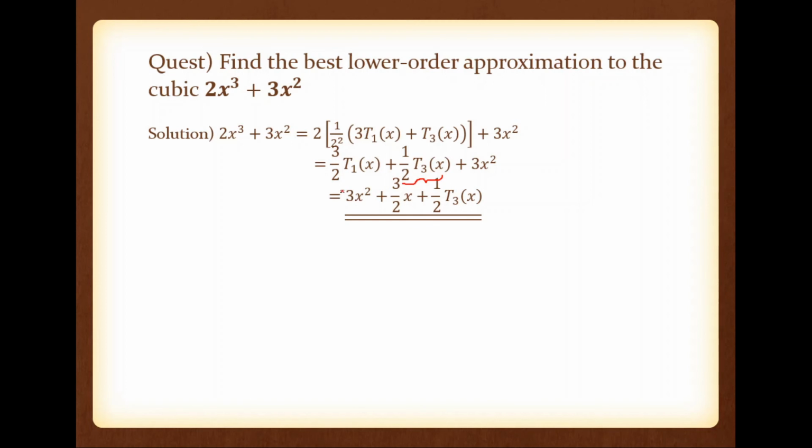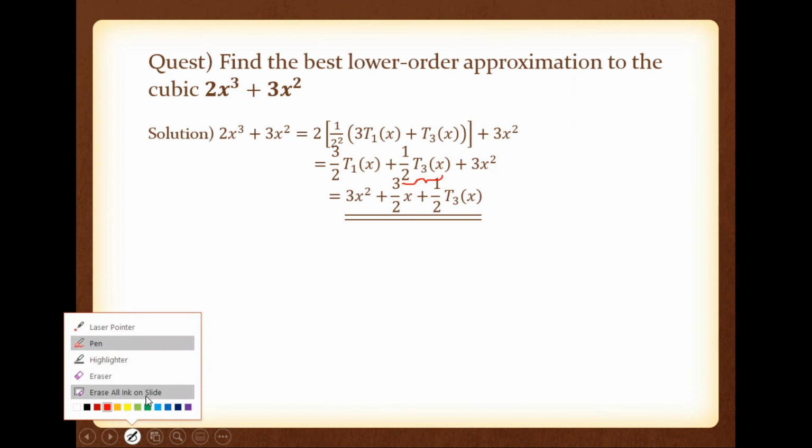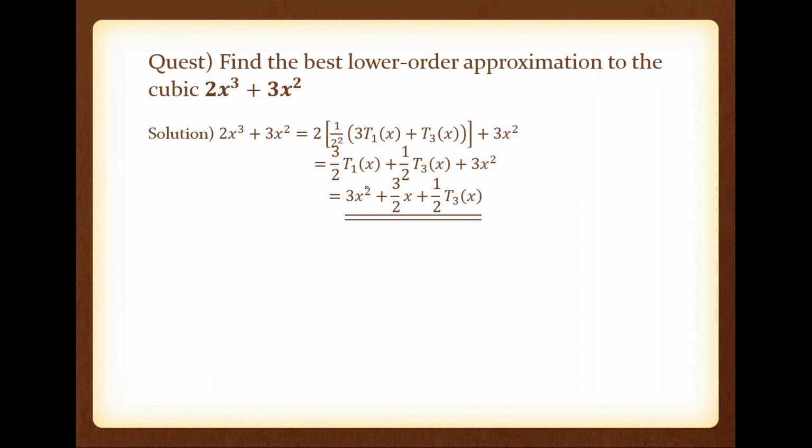So you can see that this term will become 3x square, that is this particular one, 3x square plus, now this one 3 by 2x plus, we are not converting back this T3 of x. If you are converting back, definitely x cube will come. We are replacing x cube. So we are not replacing this.